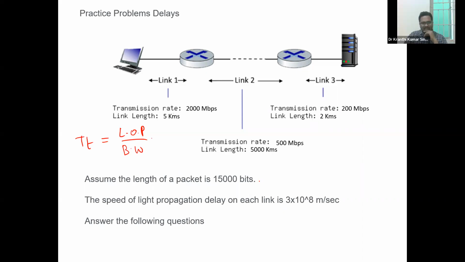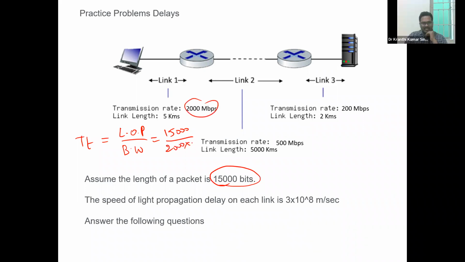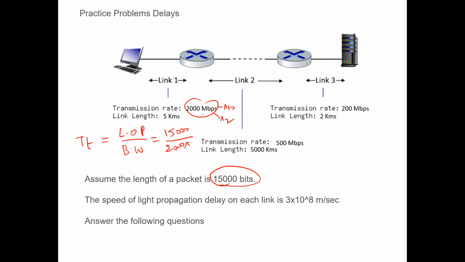What is the length of the packet here? 15,000 bits, divided by the bandwidth, 2000 Mbps. Mbps means transmission rate, capacity, not data. Bits per second, capacity.